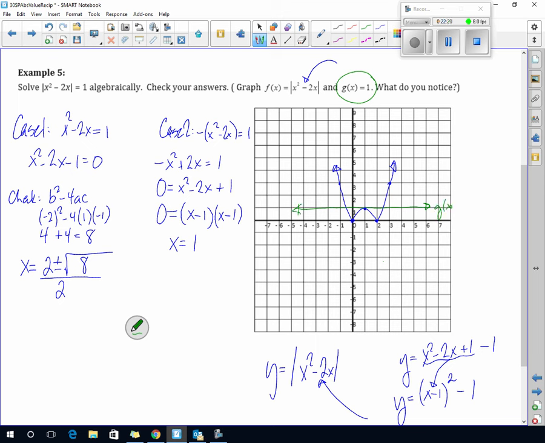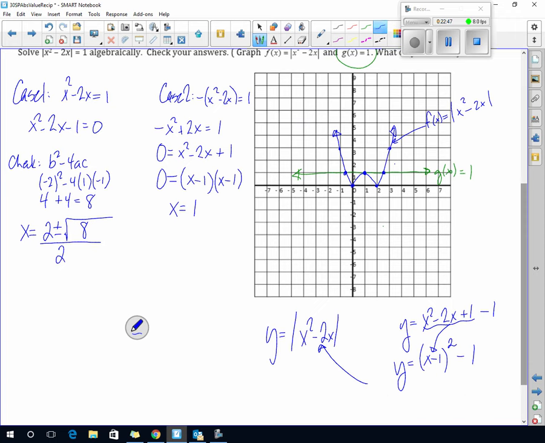What do we notice? It intersects uno, dos, tres, 3 times, right? How many solutions do I have there? I only have 2? Really? I have 3, because what does this quadratic formula do? This actually splits into 2 plus root 8 over 2 and 2 minus root 8 over 2.